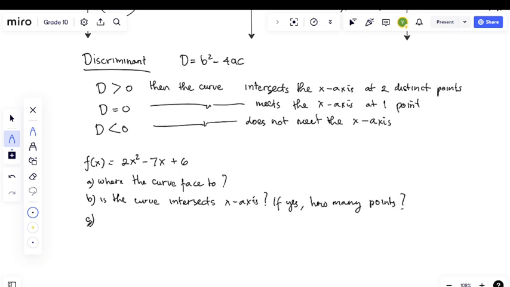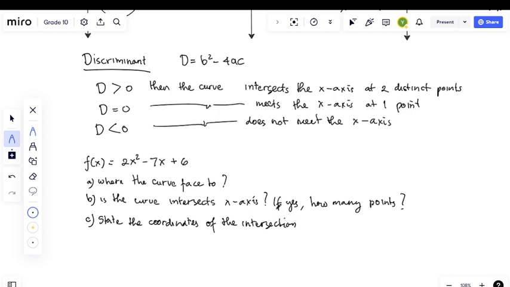Nah, nanti pertanyaan yang C baru kita cari ya. Define or state the coordinates of the intersections. Nah, kita lihat dulu ya.